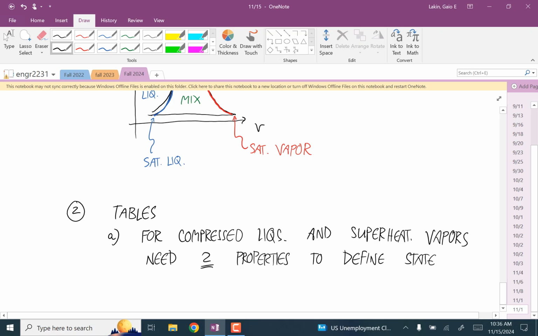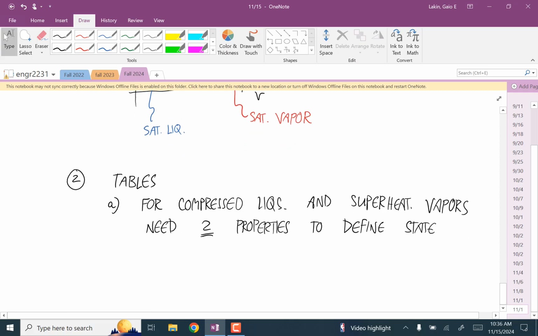So if you know two properties, you can look up any other properties in that state. On either saturation line, you only need one property to define the state.